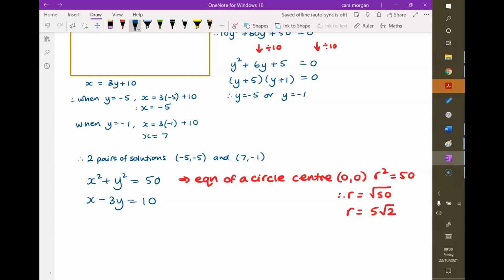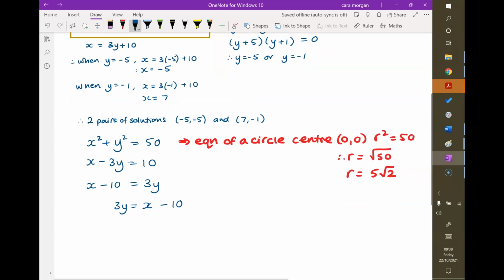But when I think about what the other function looks like, really, if it's linear, I want to write it as y being the subject. And if I do that, I can therefore say that 3y is x minus 10. My brain likes it better written like that, which means that y is equal to 1/3 of x subtract 10 over 3. Now I know that that is the equation of a line.